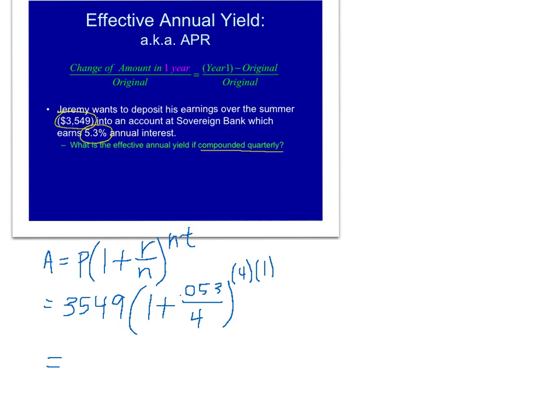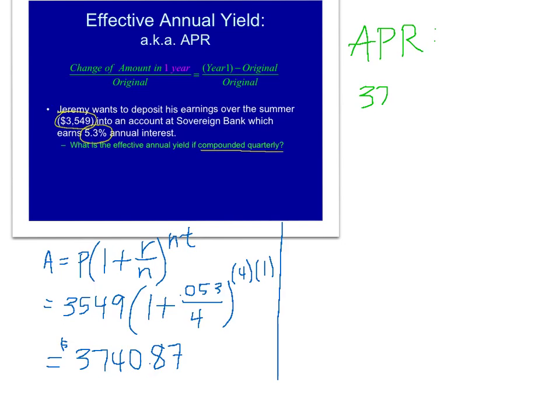When you plug that into your calculator, you end up with $3,740.87 rounded. So all that tells us is what happens in a year. So at the end of 1 year, you have $3,740.87.